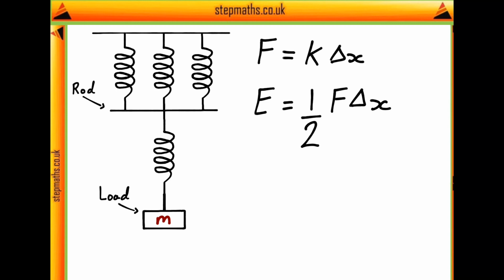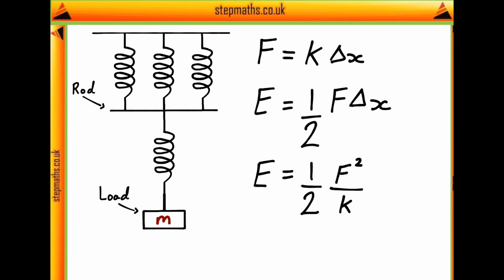But what we could do is substitute Hooke's law into this expression, and this would help eliminate the extension. So if we were to do that, then we get that the elastic potential energy of a single spring is equal to the force applied to the spring squared, divided by the spring constant of our spring. But this still might not seem too useful because we're talking about just one spring here.